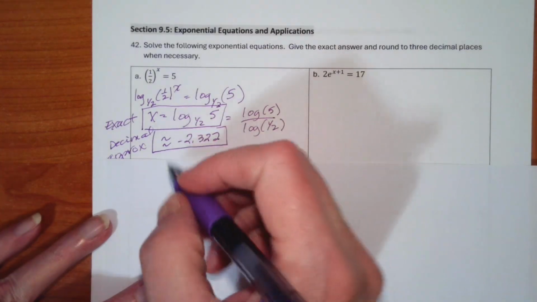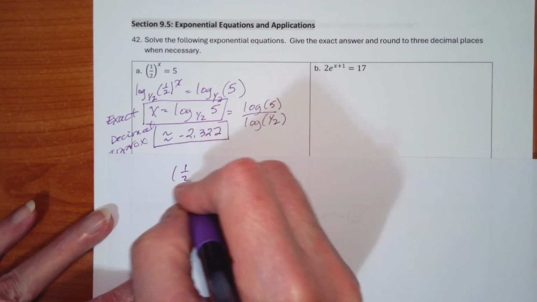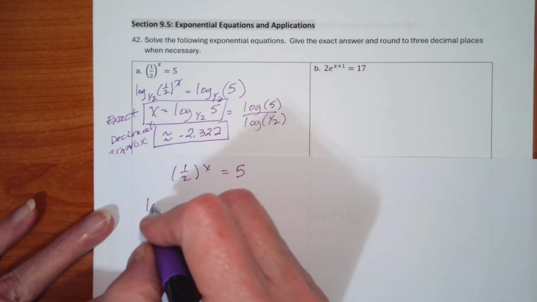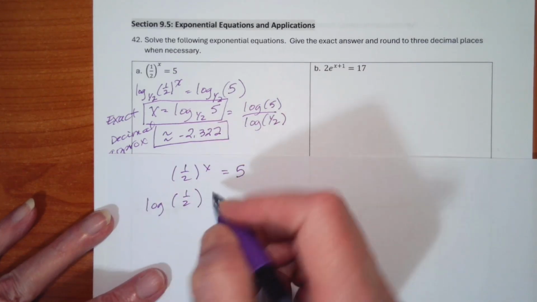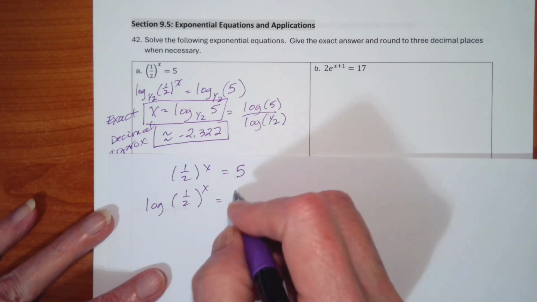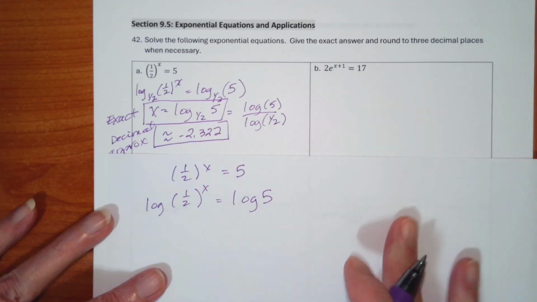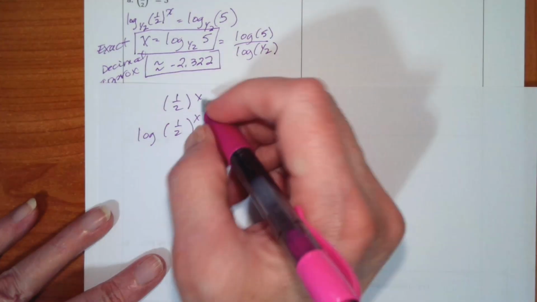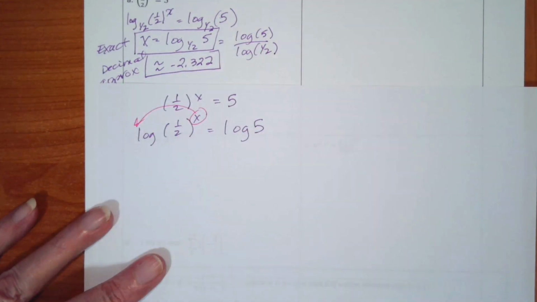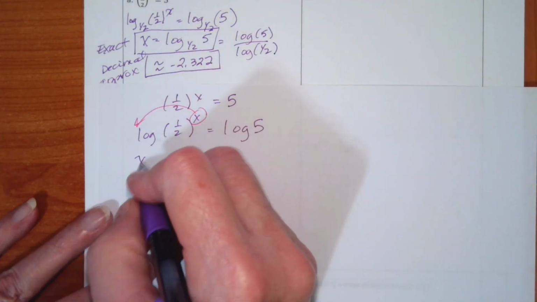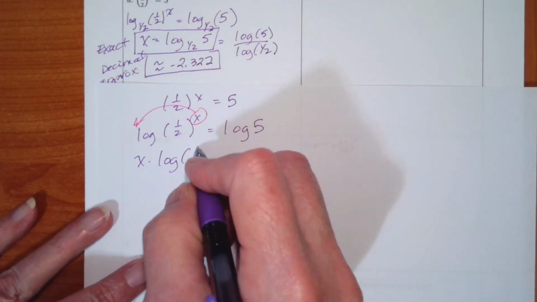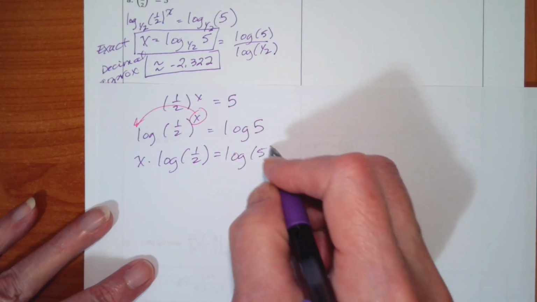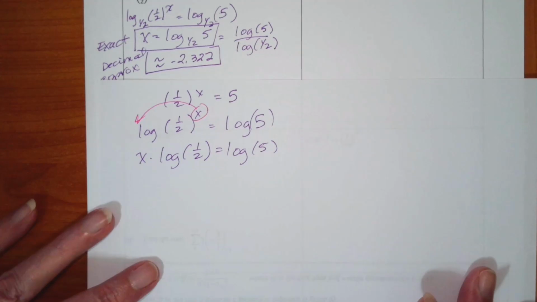I could do this by, if I have 1/2 to the x equals 5, I can take the log of any base of both sides. Well, from here to solve this, I would have to take this and move it around front. So that means x times the log of 1/2 is equal to the log of 5. And I keep forgetting to put parentheses in there.